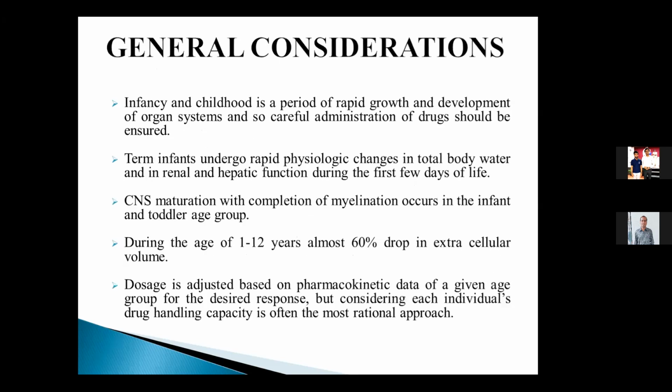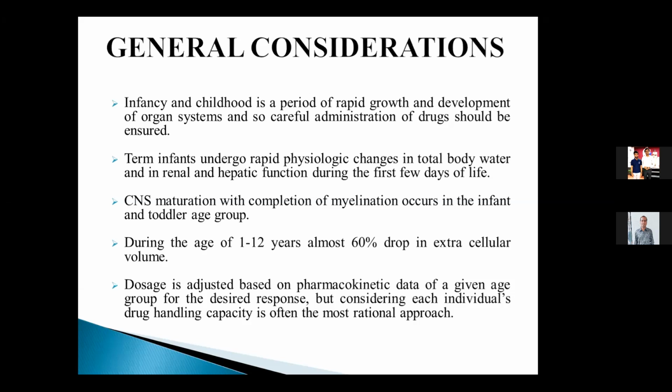General considerations here: infancy and childhood is a period of rapid growth and development of organ systems, so administration of drugs should be done carefully. Term infants undergo rapid physiological changes in total body water and in renal and hepatic function during the first few weeks of life. CNS maturation with completion of myelination occurs in the infant and toddler age group.